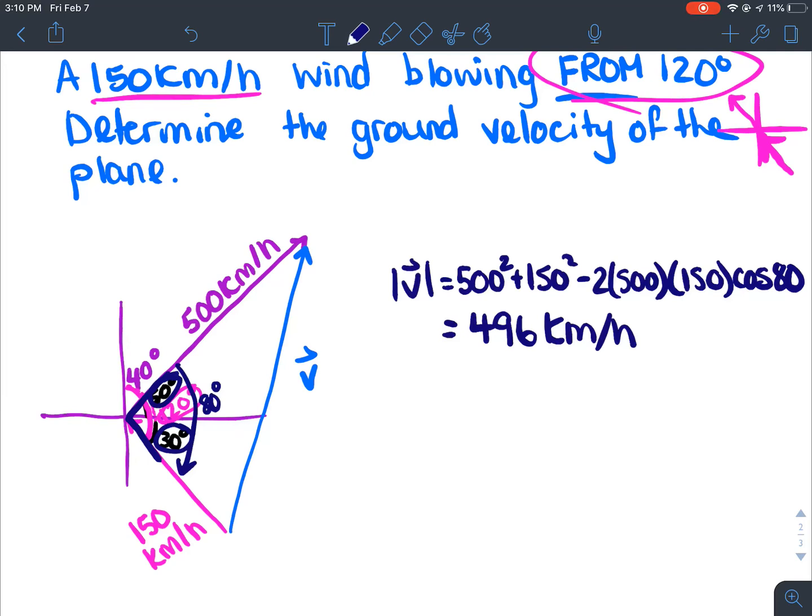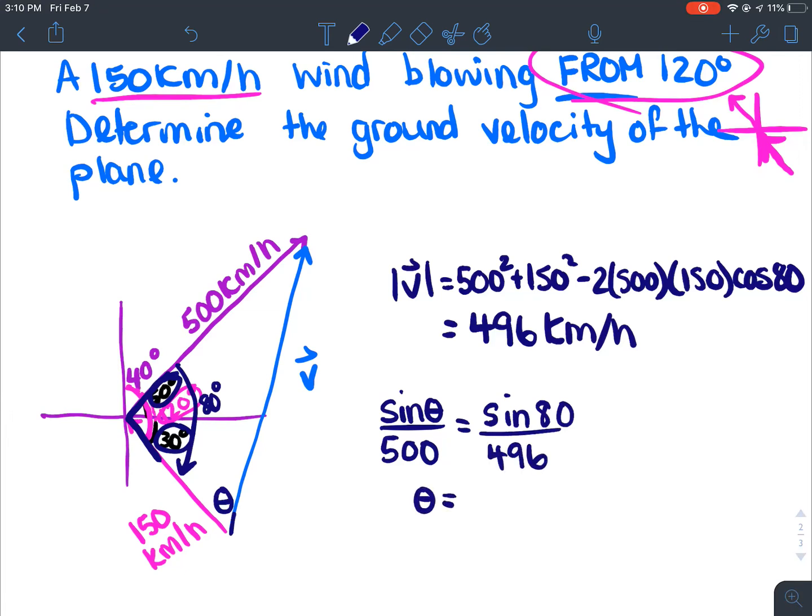Well, we know the magnitude of the velocity of the plane, and now we need to find an angle. So like I said, right from the starting position of the velocity vector, let's get that angle down there. And usually sine law works. So sine theta over 500 equals sine 80 over 496.